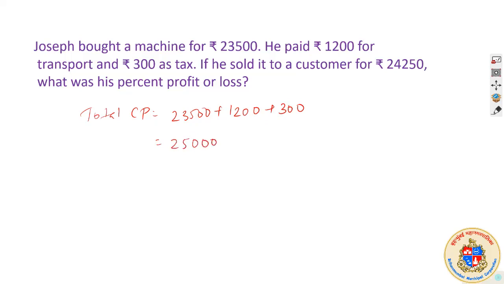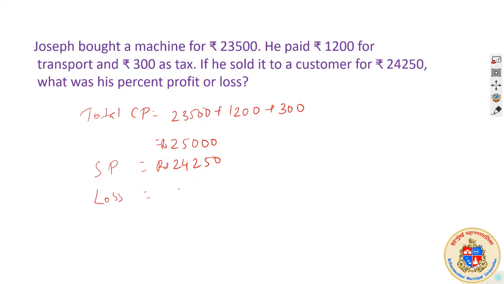Oh, Joseph is in loss because he sold it at 24,250. He was not doing business, he did not want the machine. So he invested 25,000 and the selling price is unfortunately lesser than that, rupees 24,250. So the loss is equal to the difference over here.